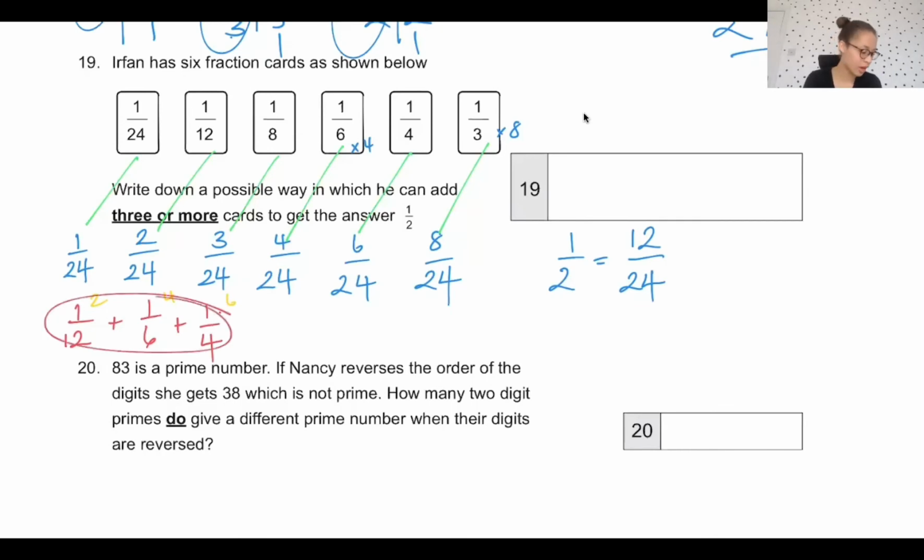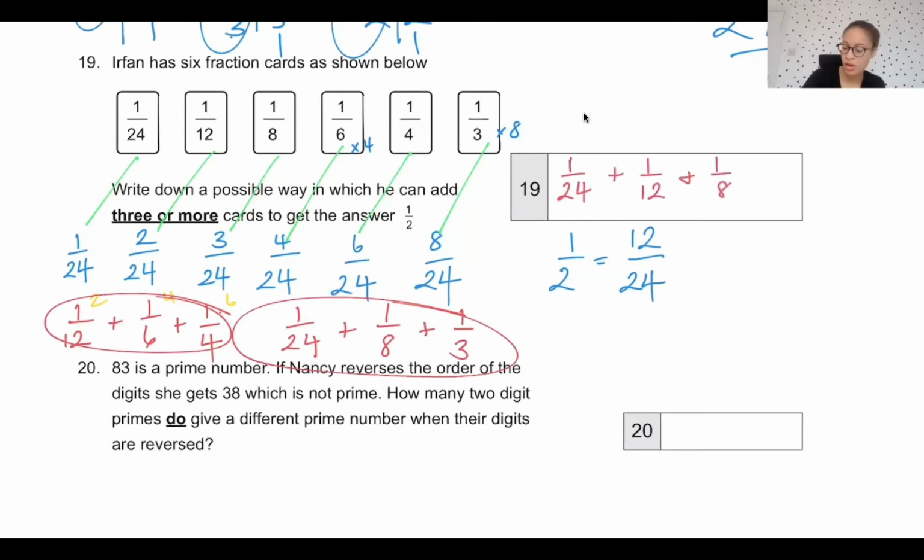You can also have 1/24, 1/8, and 1/3. And then the final option that you can have where you use 4 cards is 1/20th, 1/12th, 1/8, and 1/4. So those are the 3 options that you can have for that question.